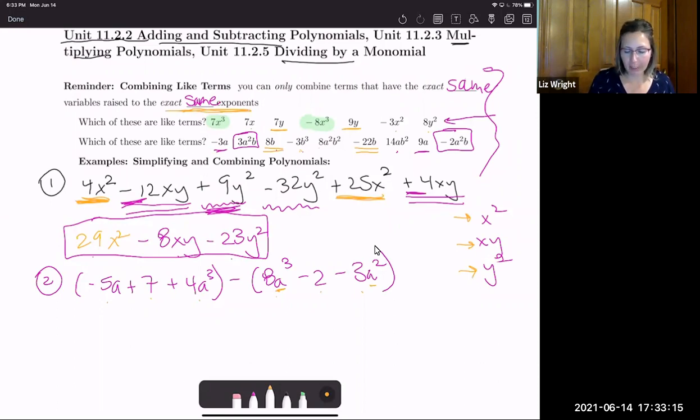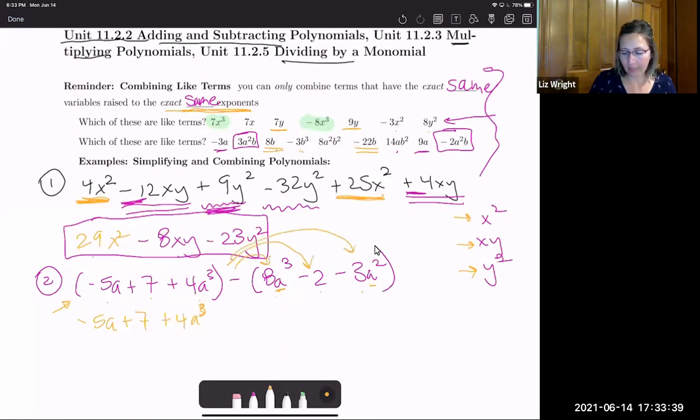So my next thing I'm going to do in my next line is I'm going to drop the parentheses for these three terms, because if I can't combine anything in those parentheses, I don't need those parentheses anymore. So I'm just going to write negative 5a plus 7 plus 4a cubed. And then I'm going to distribute this negative into my parentheses.